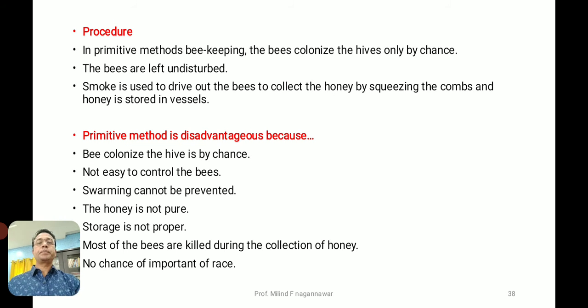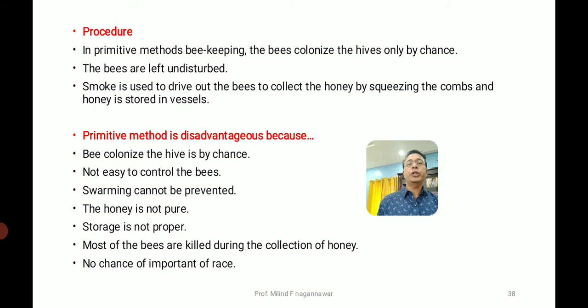Now, the primitive methods also have disadvantages. The first, which I told already, is that the making of the hive is completely a matter of chance. And once the honeybees are there in the hive, it is not easy for us to control them. The honeybees are not easily controlled.